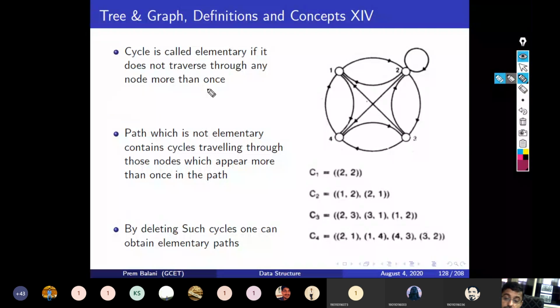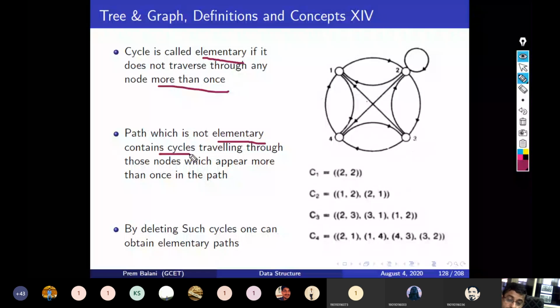Now the same terminology which we followed in the paths for elementary and simple path, here cycles are also called elementary if it does not traverse through any node more than once, right? And a path which is not elementary must contain cycles, and so by deleting such cycles we can obtain the elementary path.